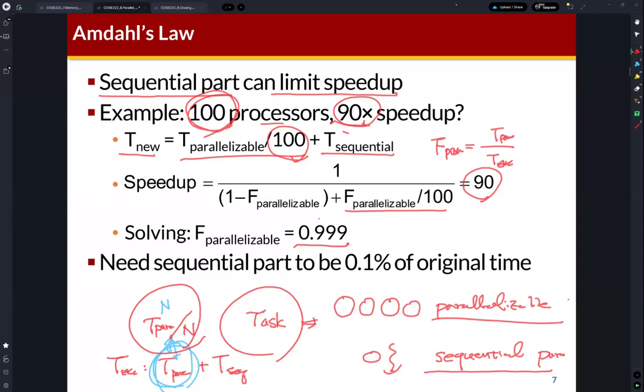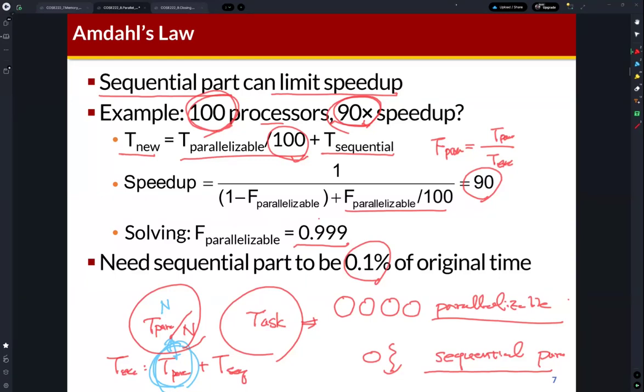We cannot achieve 100 because of the sequential part, but in order to achieve 90 times speedup using 100 processors, the sequential part needs to be only 0.1% of the original task.